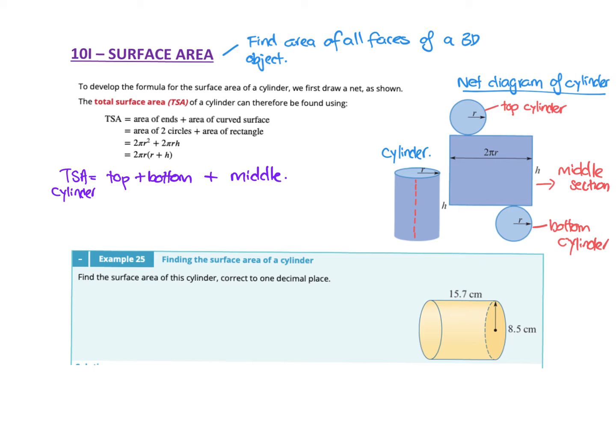We said this was two circles. What's the formula for the area of a circle? Pi r squared. So that would be a circle, plus this would be a circle. Then I've got the middle of the cylinder.